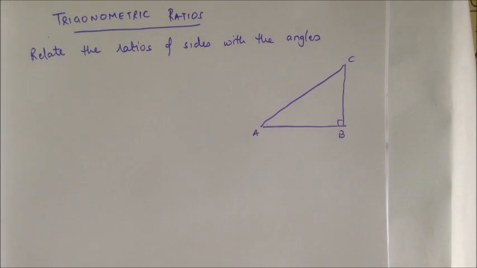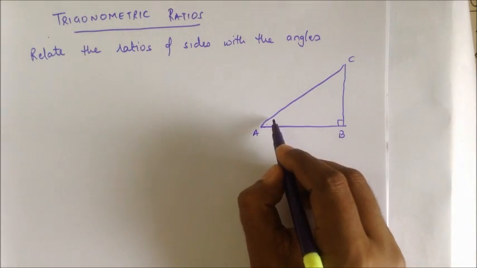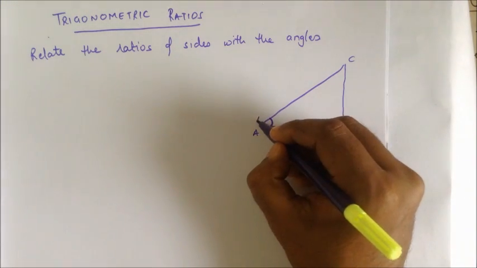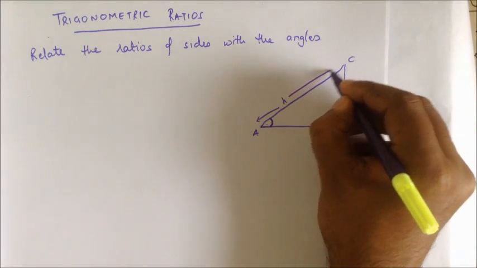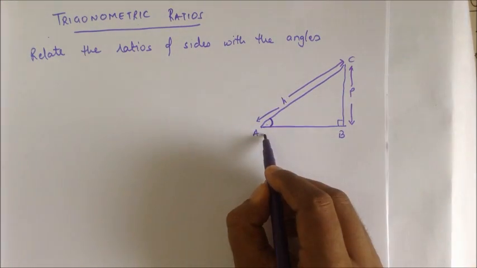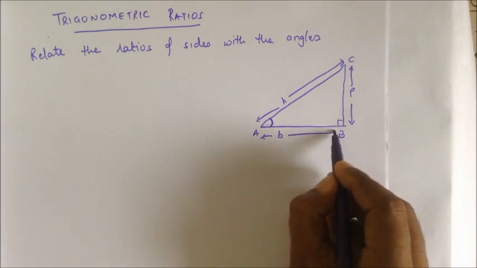Now I need to have a ratio between the sides, hence I need to first pick an angle. I'll pick the acute angle A. For this acute angle, I'll mark the hypotenuse, the perpendicular, and the base.